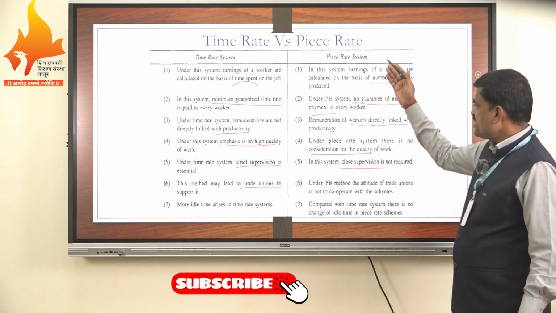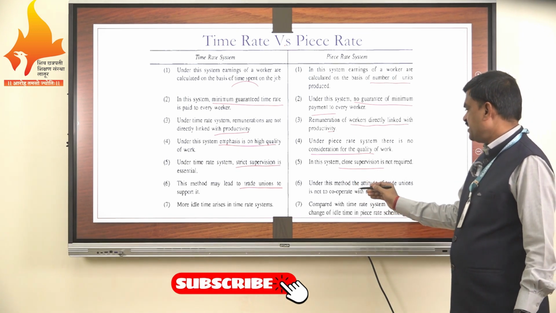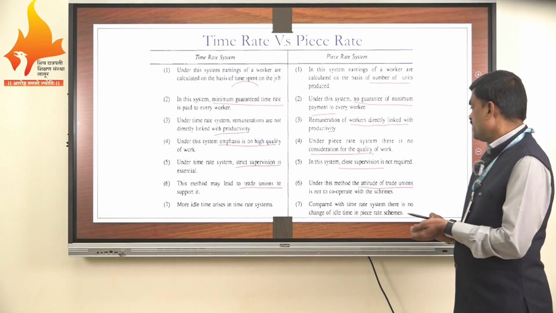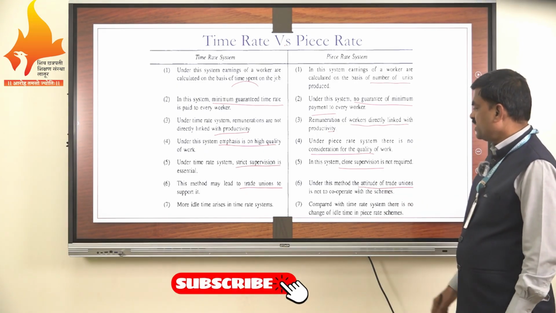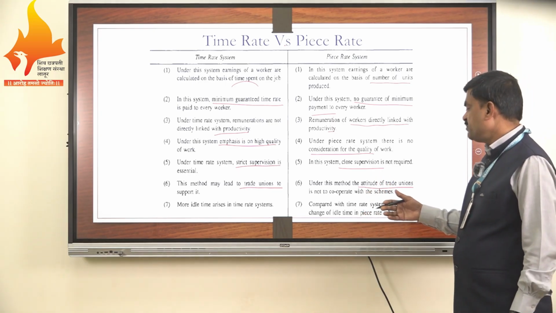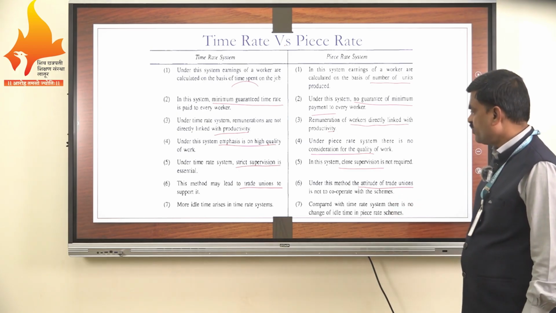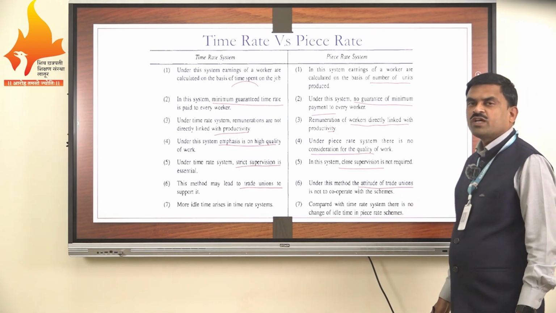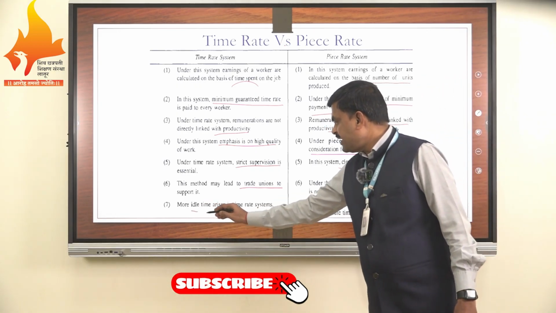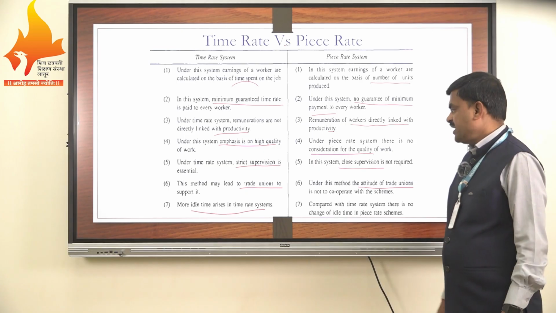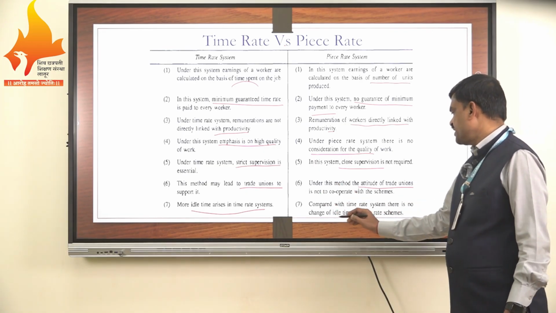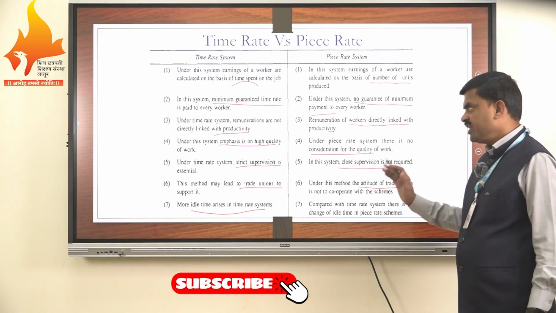Under the piece rate system, the attitude of trade unions is not cooperative because the worker has to produce more units and there will be competition between the workers to produce as many units as possible so as to get more wages. More idle time arises in the time rate system, which is the drawback of this system. Compared with the time rate system, there is no change in the idle time in the piece rate system.